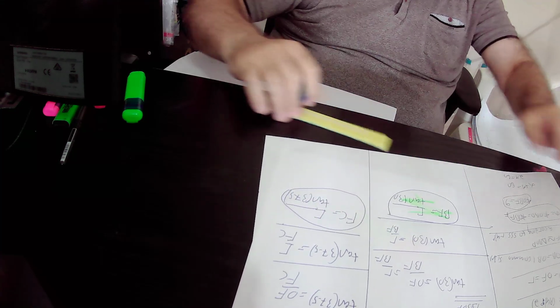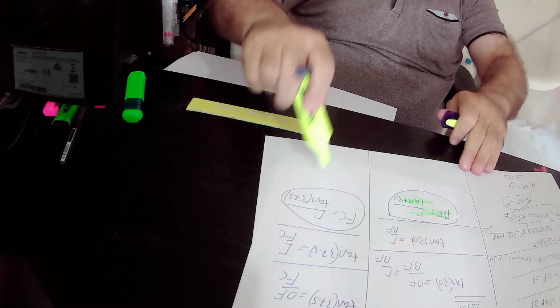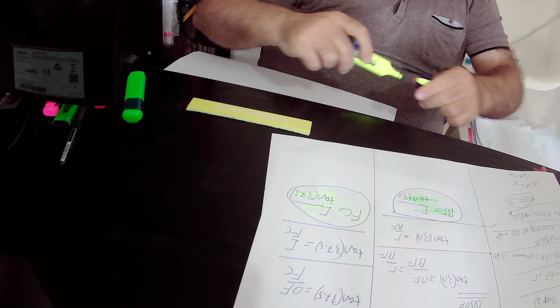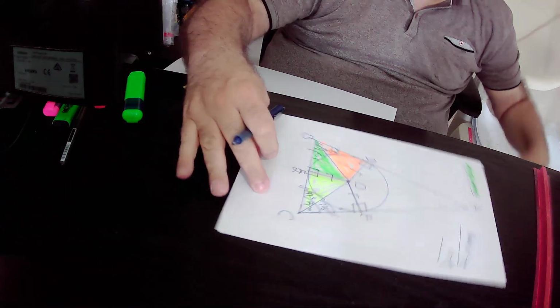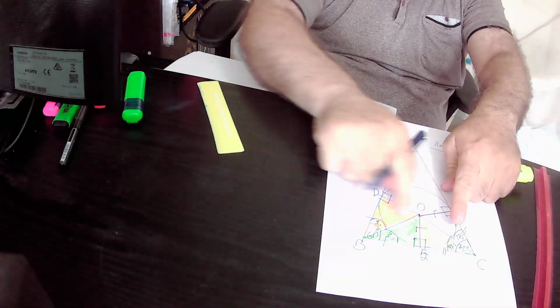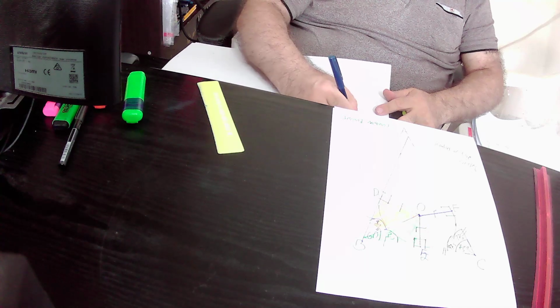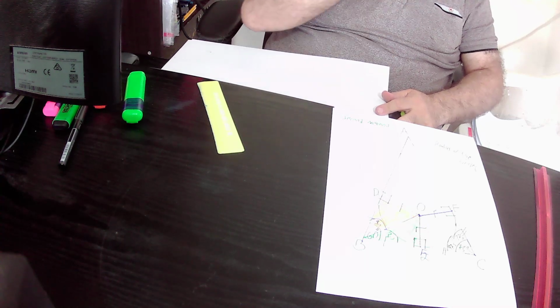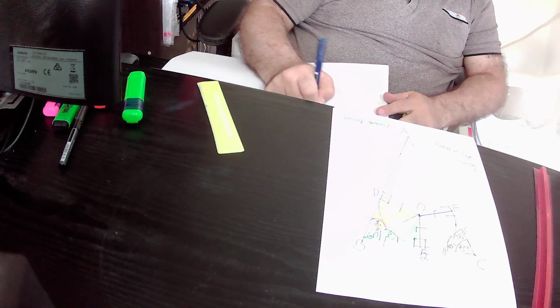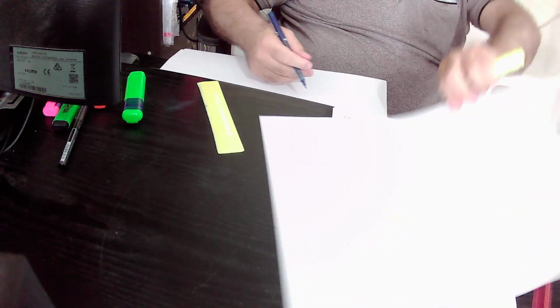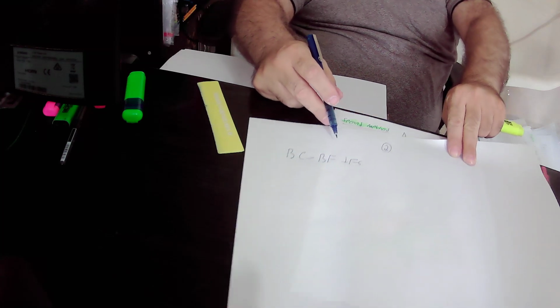Okay, actually we found out the values of FC and BF. And what is the value of BC? From the drawing it is very easy to see that BC equals BF plus FC. I'll repeat again: BC equals BF plus FC.